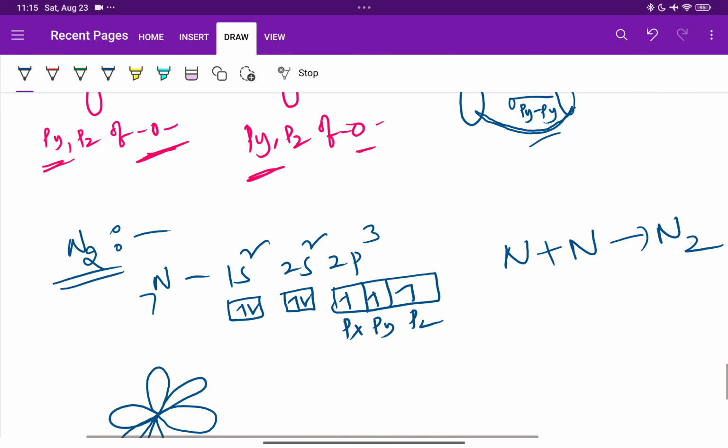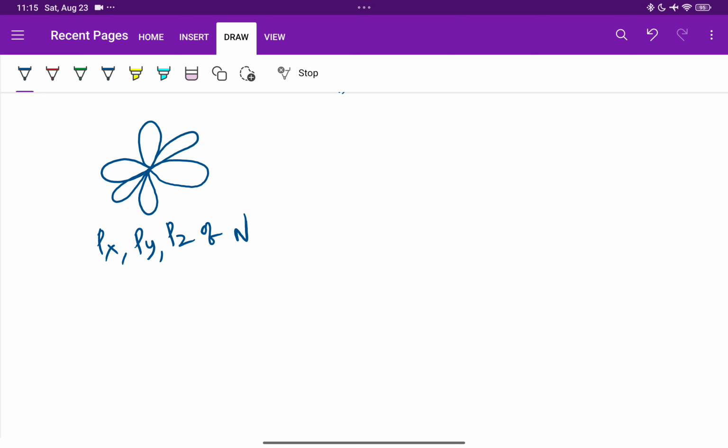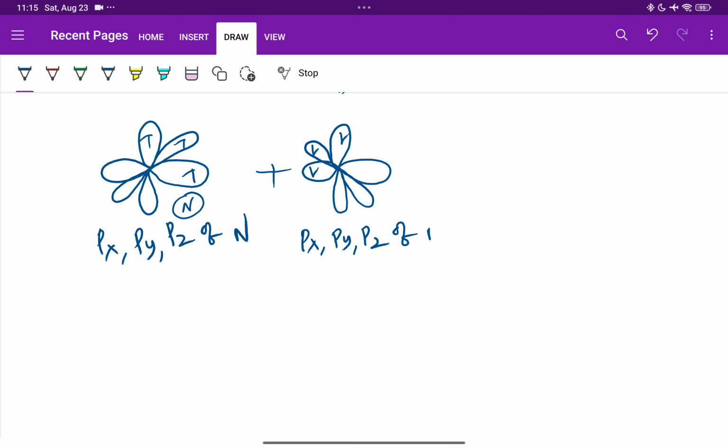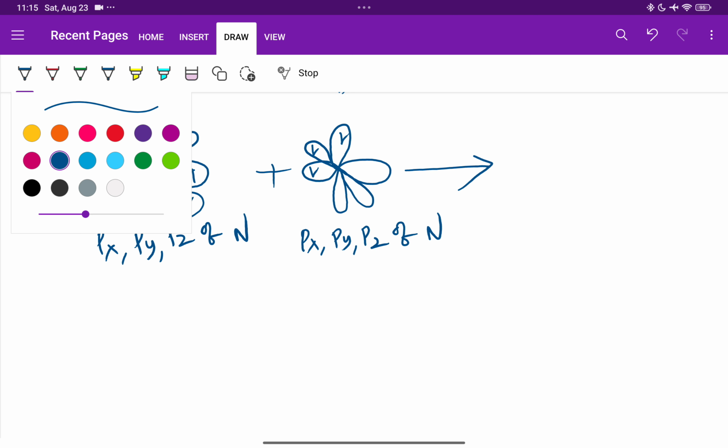Just reminding. And unpaired electrons in px, py, pz of first nitrogen. Then another nitrogen also the same, but you need to remember the electron spin should be anti-clockwise. So px, py, pz of nitrogens.